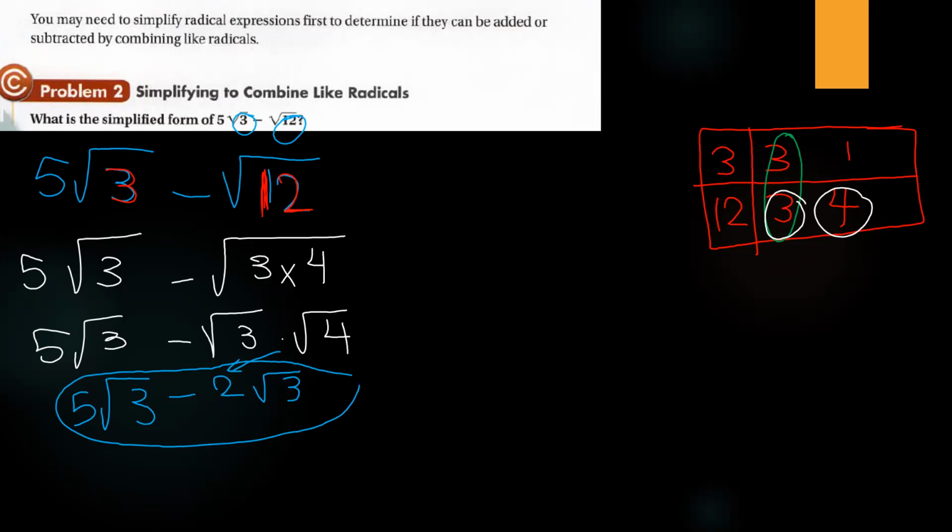Can I subtract them now? Yes, we have the same numbers under the square root. So we can subtract them. We choose one of them, and then we subtract 5 minus 2, which is 3. Is it clear? Yes, teacher.